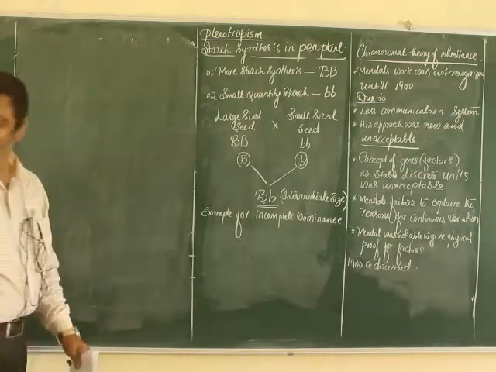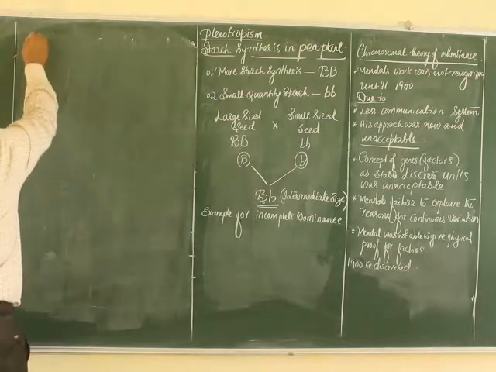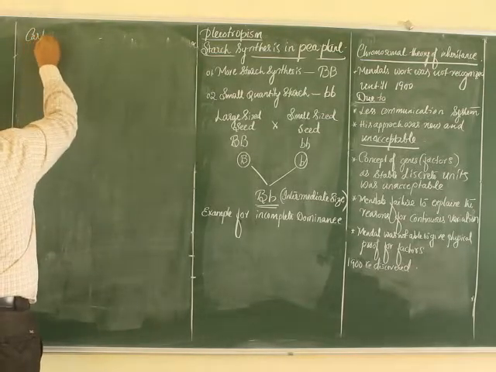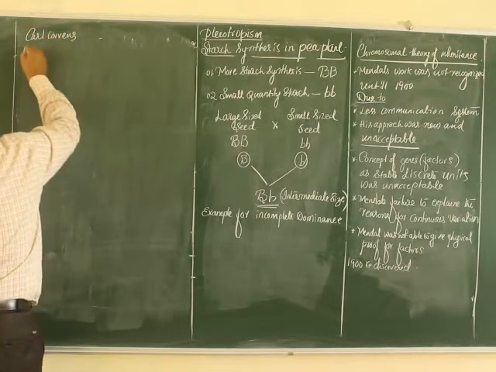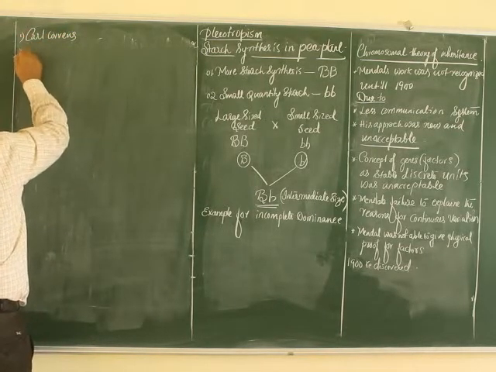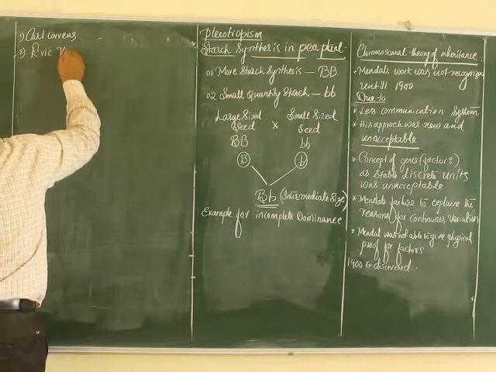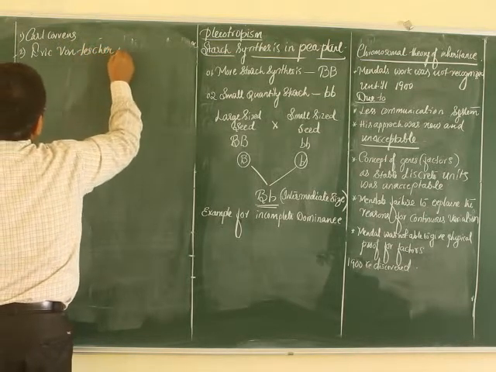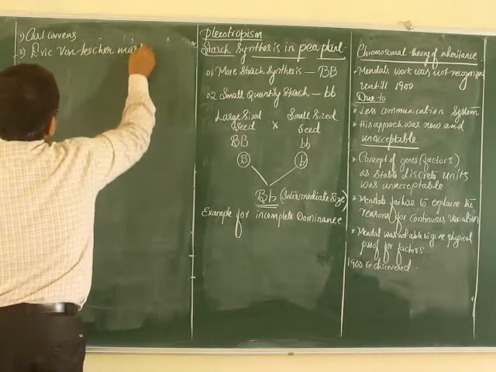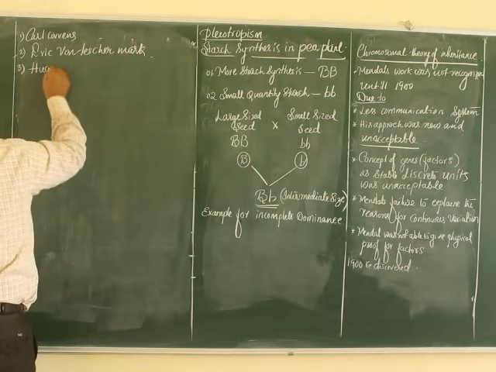They were Karl Correns, Erich von Tschermak, and Hugo de Vries.